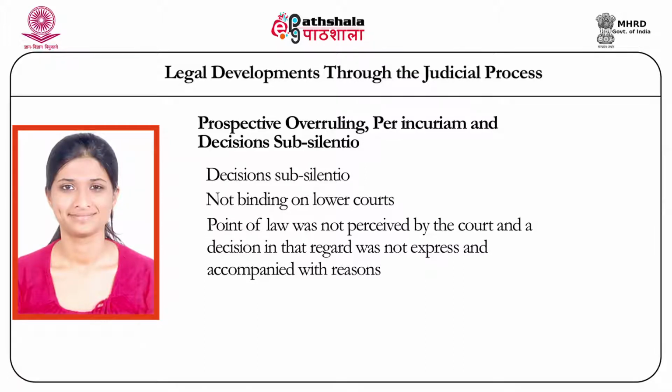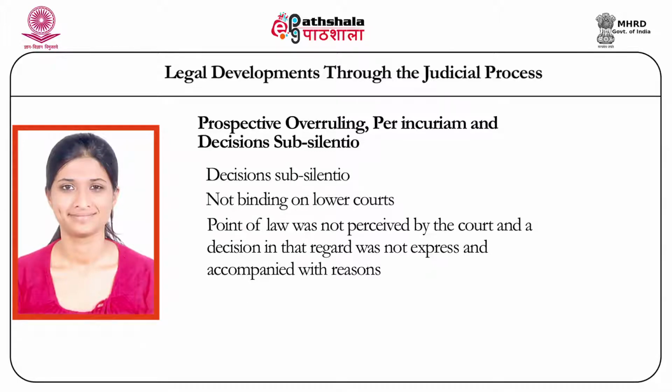But point B was not argued or considered by the court. In such a circumstance, although point B was logically involved in the facts and although the case had a specific outcome, the decision is not an authority on point B and point B is said to pass sub-silentio.